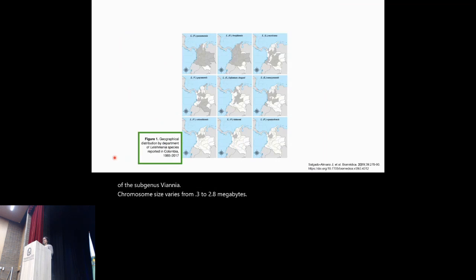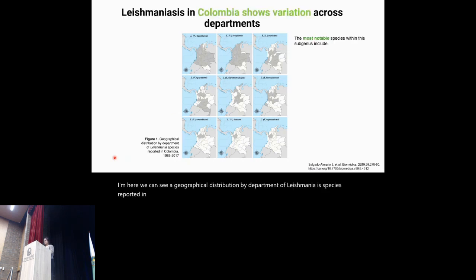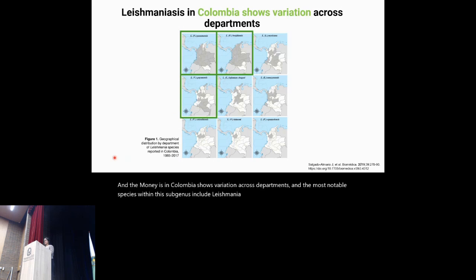Here we can see the geographical distribution by department of Leishmania species reported in Colombia. Leishmaniasis in Colombia shows variation across departments, and the most notable species within this subgenus include Leishmania braziliensis, panamensis, and guyanensis.